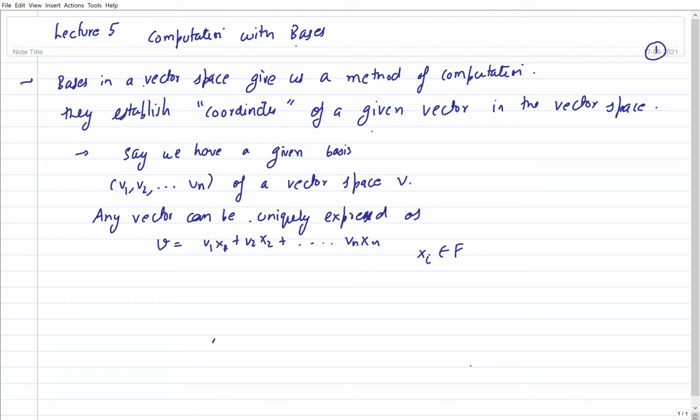So they can be expressed in exactly one way. The scalars xi are called the coordinates. So I'll just represent them by a column vector.